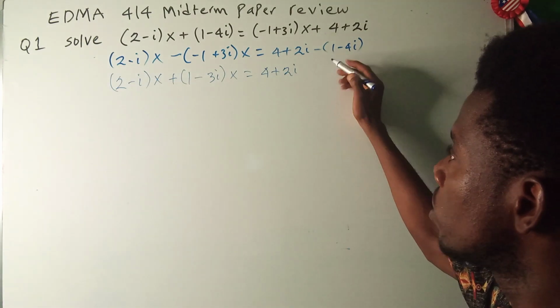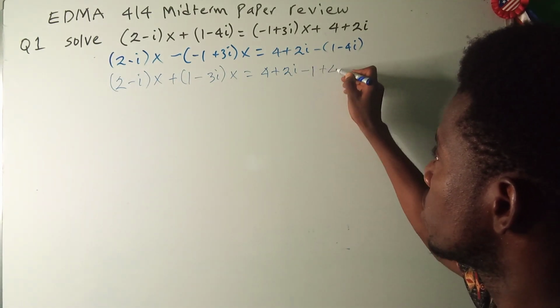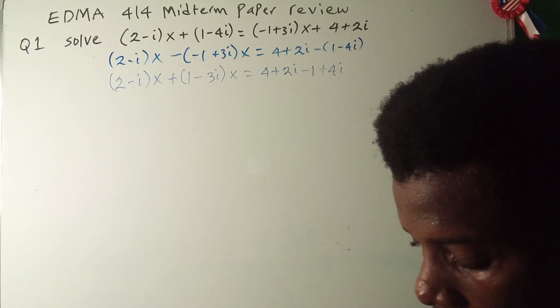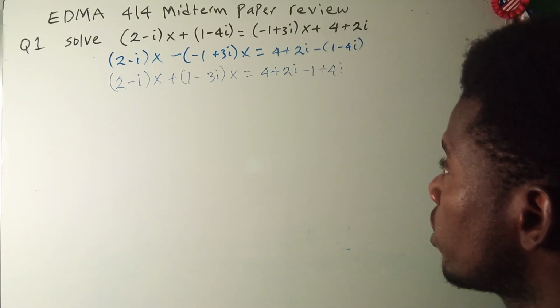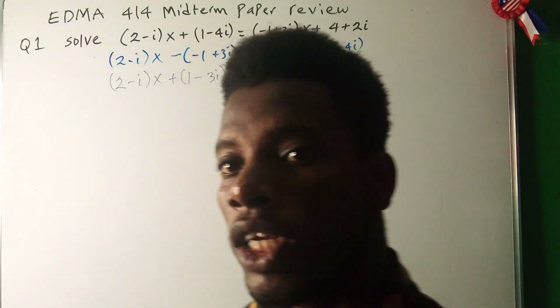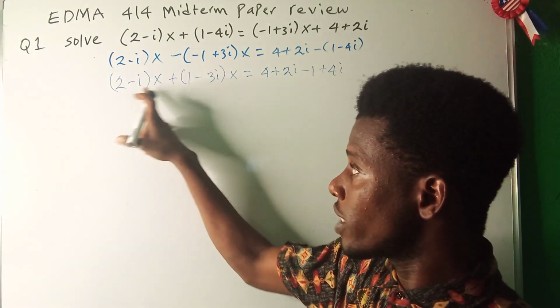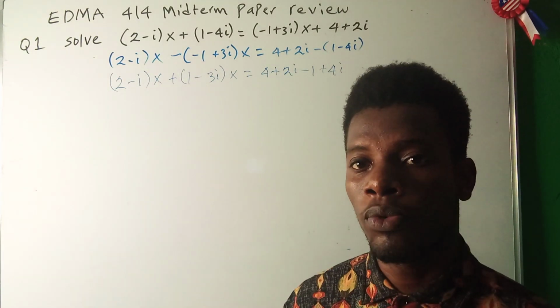Negative times 1 is negative 1. Negative times negative 4i is positive 4i. That's the next step. After then, we can factor out an x from here and then collect like terms. But it will be important for us to multiply each of the x by each of the expressions here, and then we can proceed from there.